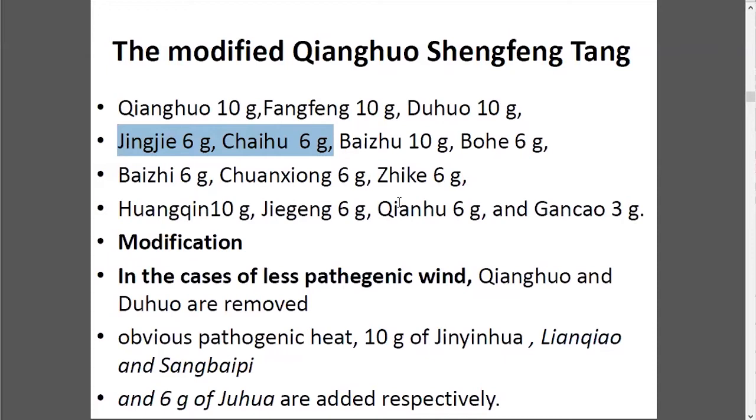And 薄荷 is pretty light and goes to the eyes. 白芷 and 薄荷 are pretty good for the orifices.